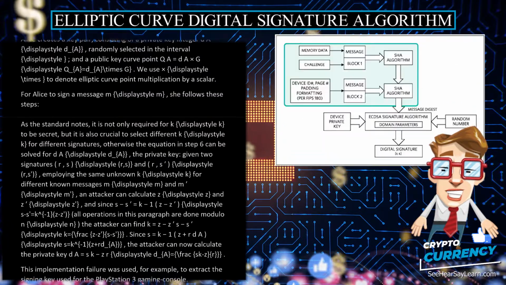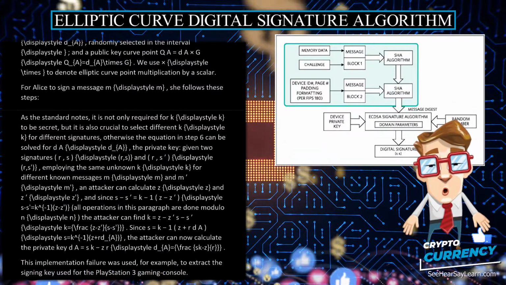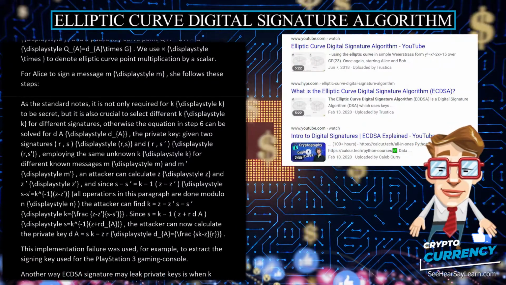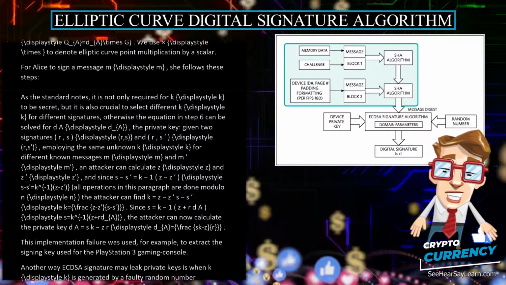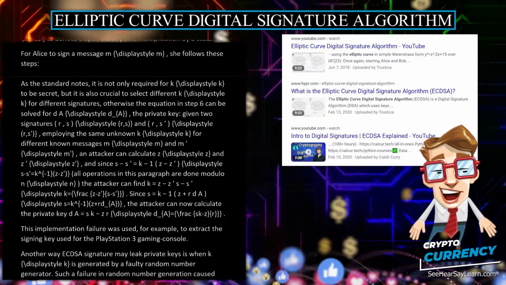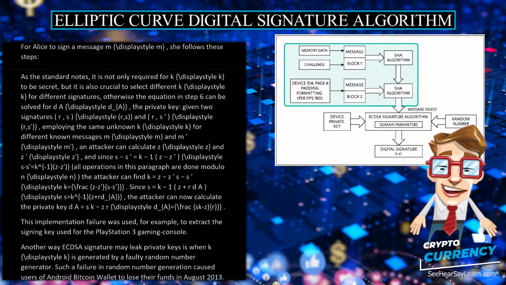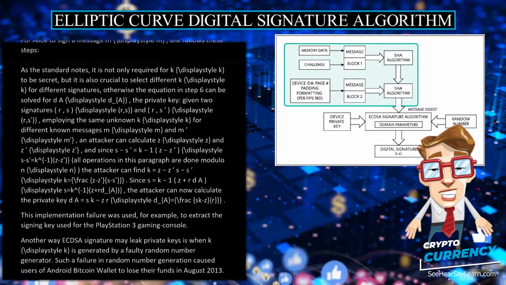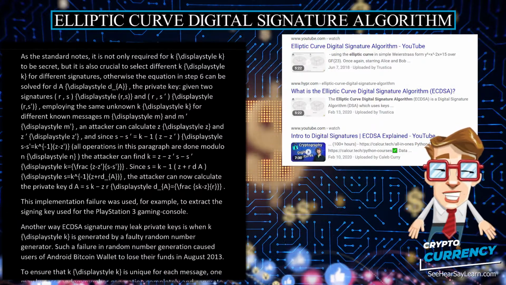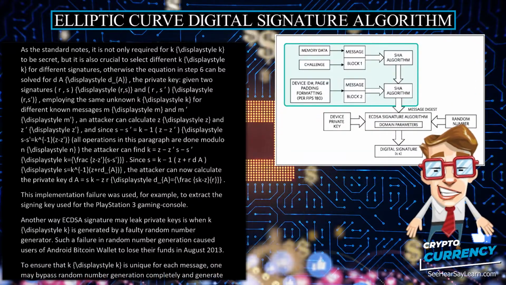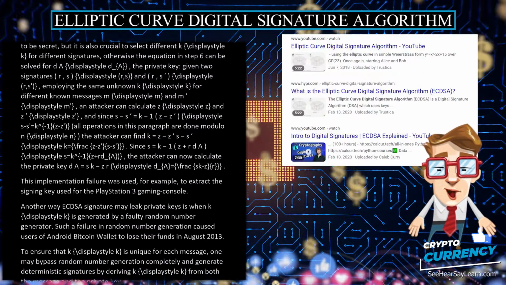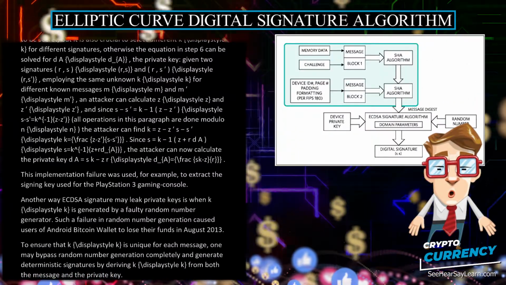As the standard notes, it is not only required for k to be secret, but it is also crucial to select different k for different signatures, otherwise the equation in step 6 can be solved for d_A, the private key, given two signatures (r, s) and (r, s'), employing the same unknown k for different known messages m and m'.